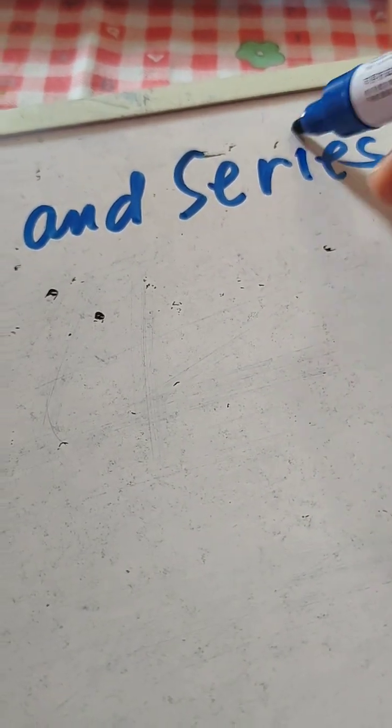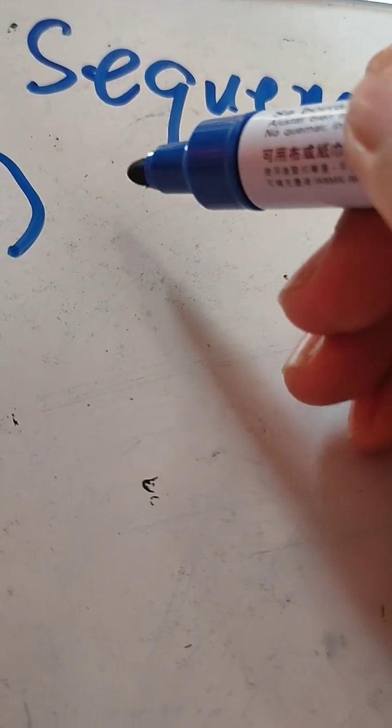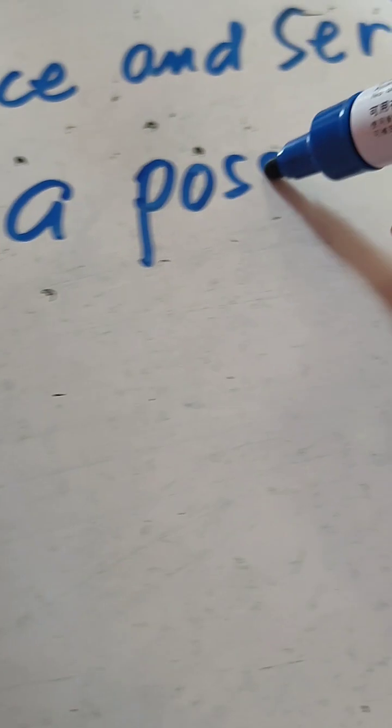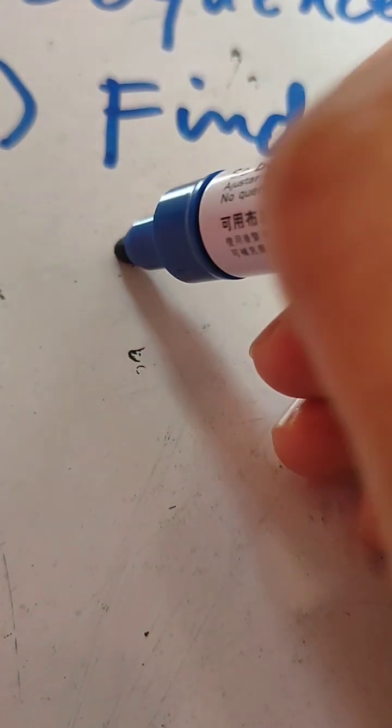So, here in the sequence and series problems, one of the problems that was not answered well is this problem: find a possible formula for the general term of the sequence.